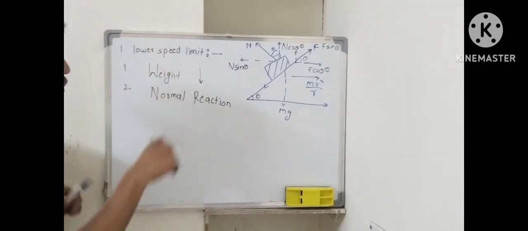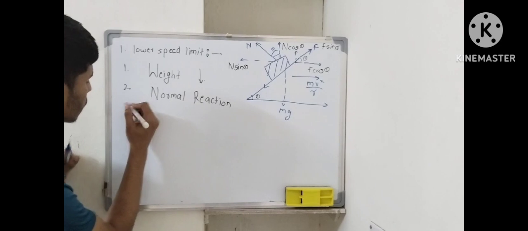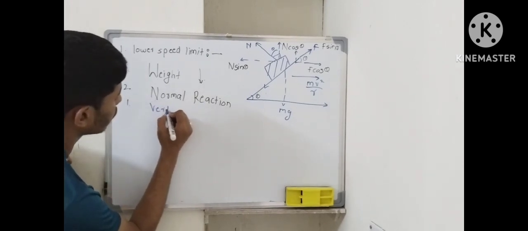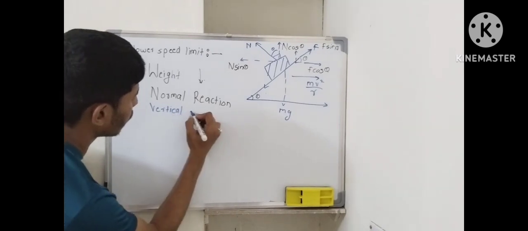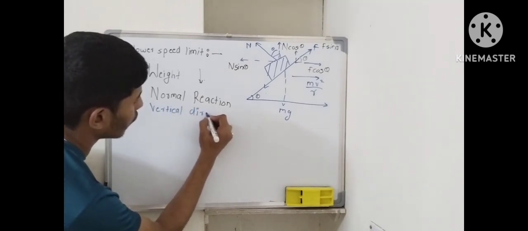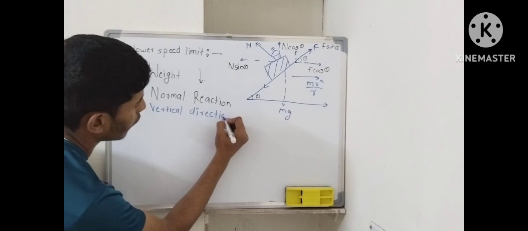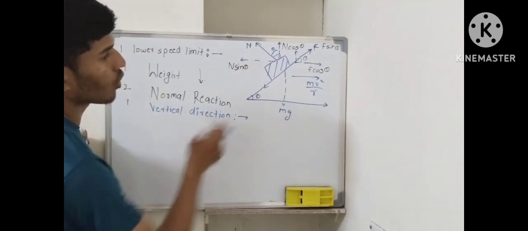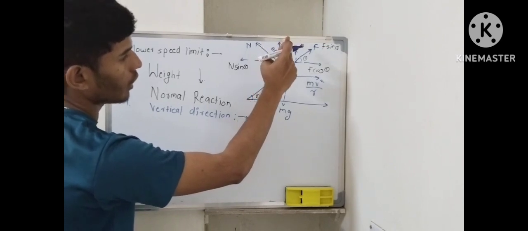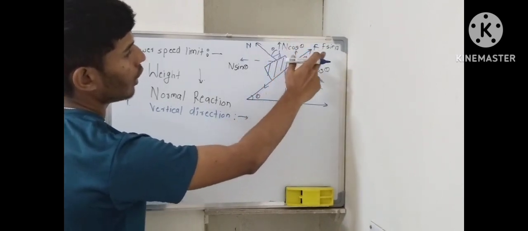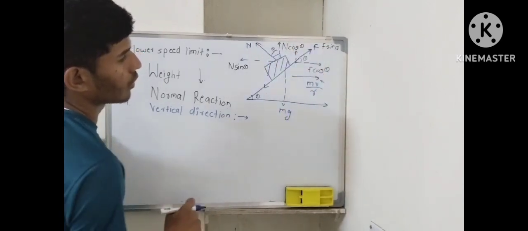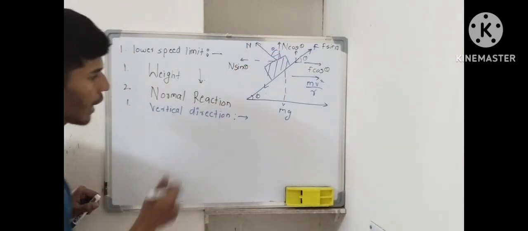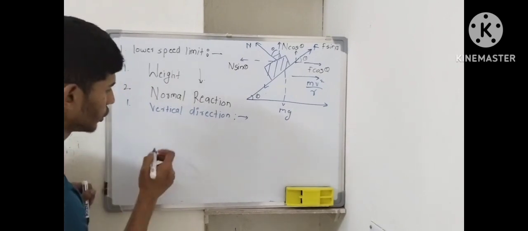If we balance all these forces, we get two equations. The first one is along the vertical direction. Along the vertical direction, the first one is n cos theta going upward, the second one is f sin theta, and the third one is mg, acting in the vertical downward direction.